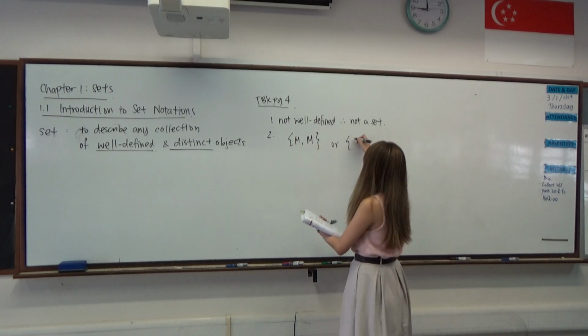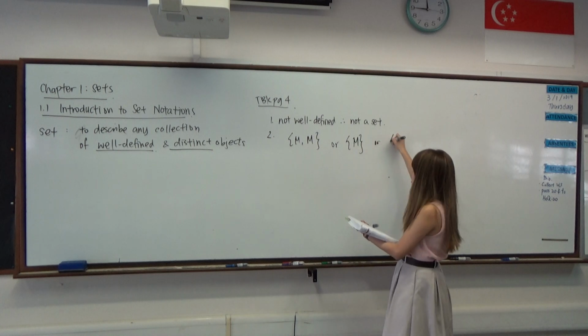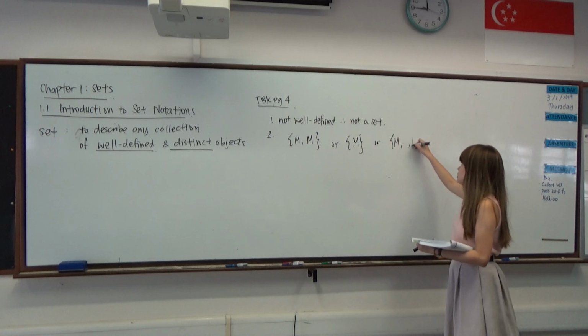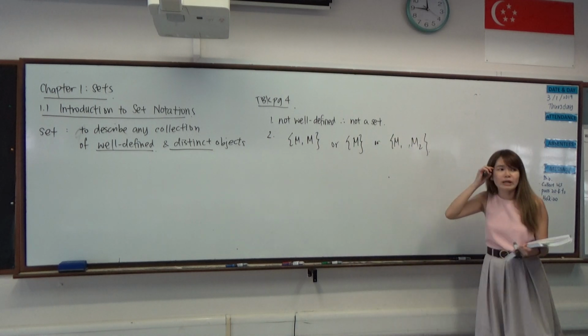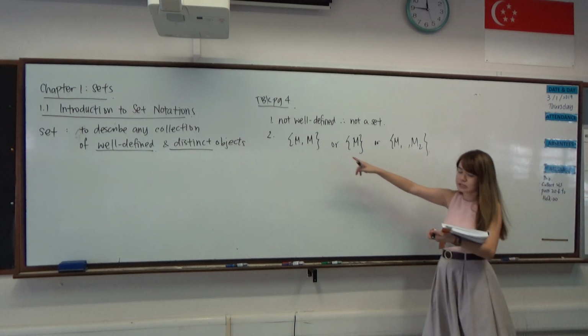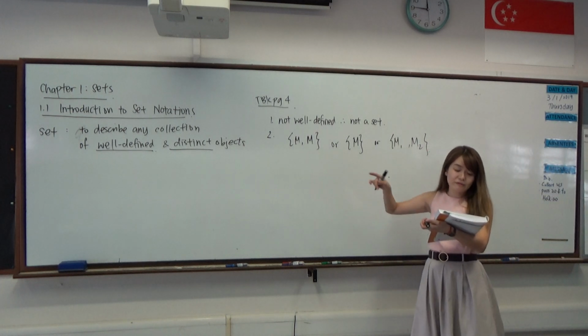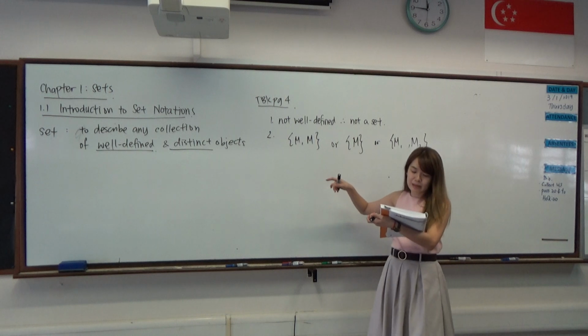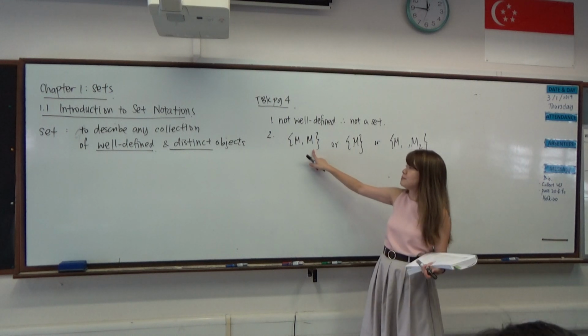Or should we differentiate the two markers, M1 and M2? One of the questions is, are the elements M and M distinct?